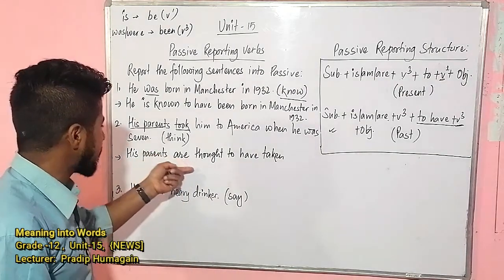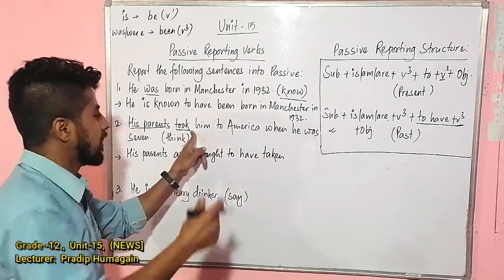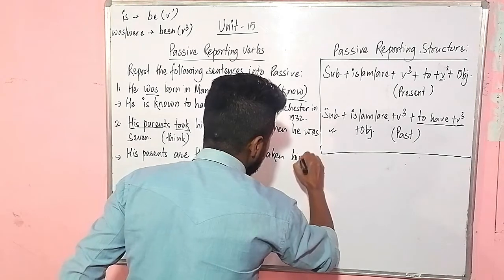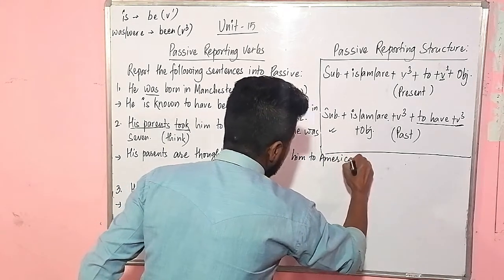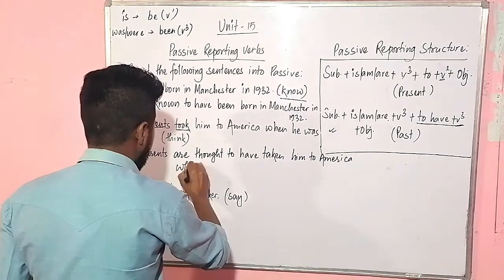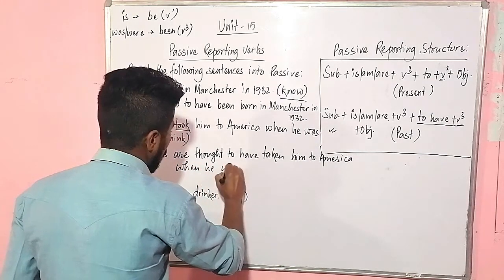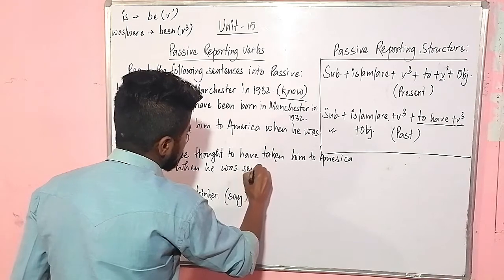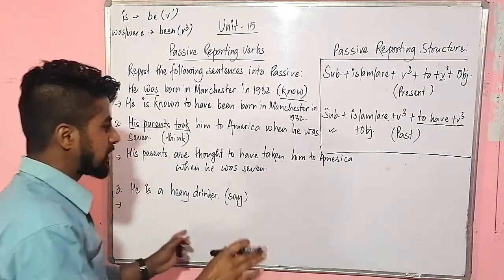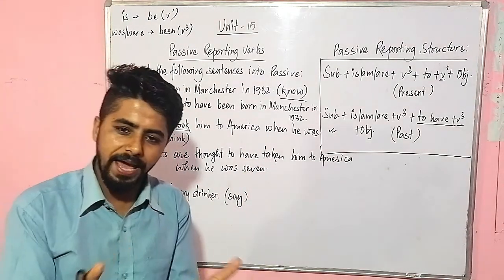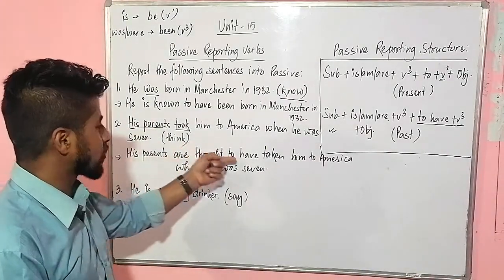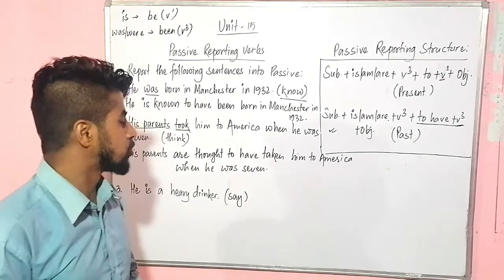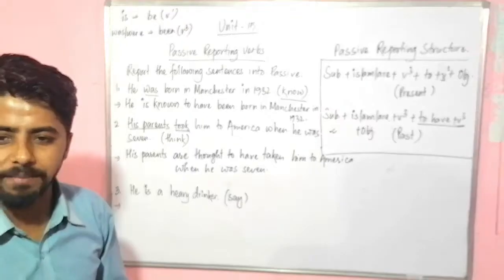It becomes his parents are thought to have taken him to America when he was 7. No need to change anything after the verb. You can copy it as it is. His parents are thought to have taken him to America when he was 7.